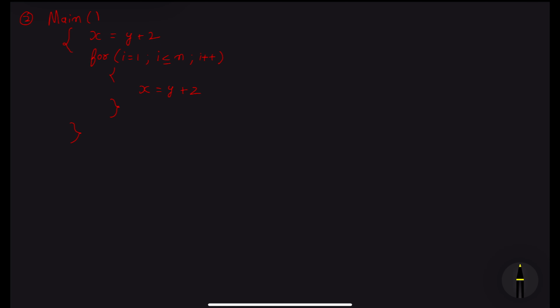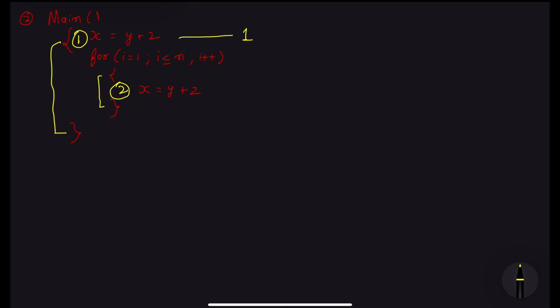Let's see the second example. Inside the main block we have two statements. First is x equal to y plus 2 and the second statement is inside a for loop. The first statement is taking 1 unit of time because it is a single statement.